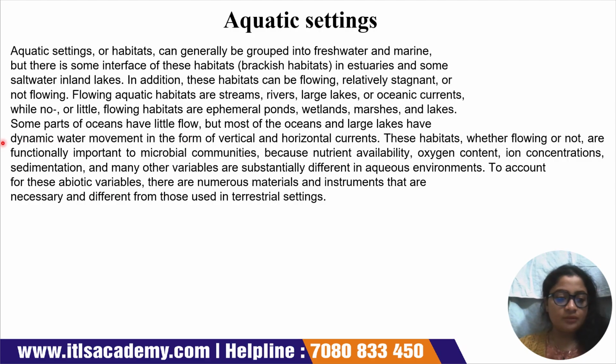Ephemeral means very small. Some parts of oceans have little flow, but most of the oceans and large lakes have dynamic water movement in the form of vertical and horizontal currents. These habitats, whether flowing or not, are functionally important to microbial communities because nutrient availability, oxygen content, ion concentration, sedimentation, and many other variables are substantially different in aquatic environments.